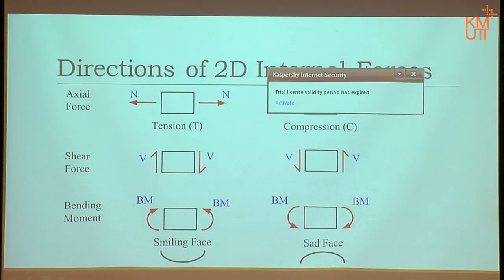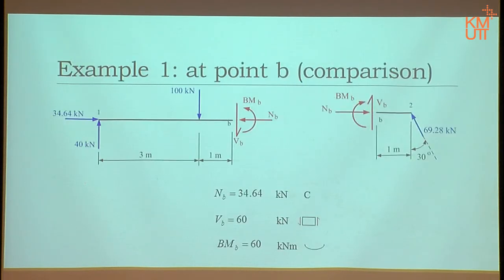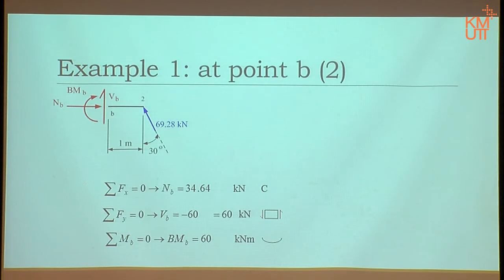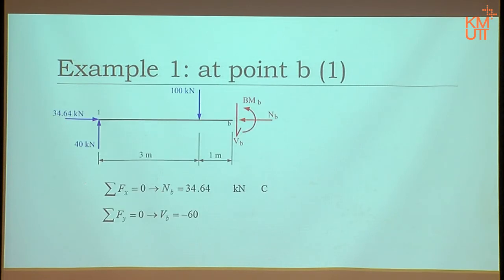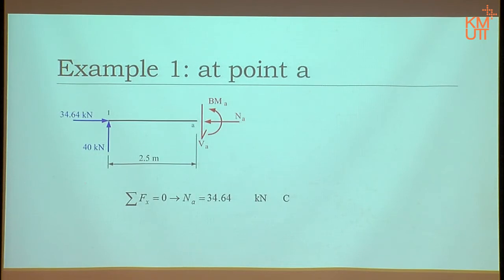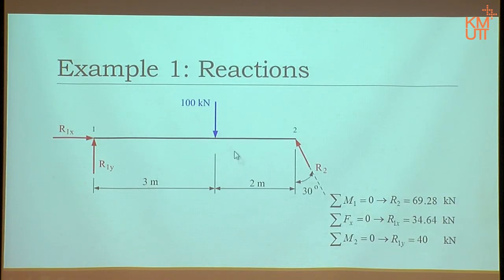There's something that I'd like to point out before I leave you guys. I have a question, okay? Since we can calculate in any way possible, point A is here, point B is here. Once I do sigma M1, I have R2.